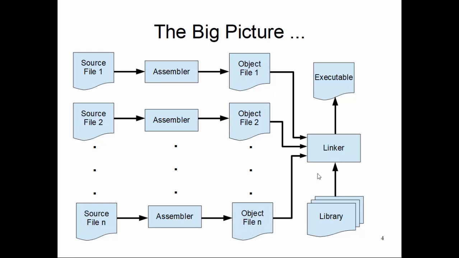Then a linker, another tool, is invoked, often again transparent to the user. GCC, that compiling system, actually consists of the compiler, assembler, and linker. It invokes the compiler, then the assembler, then the linker. The linker's job is to combine all these n different object files into one single executable.